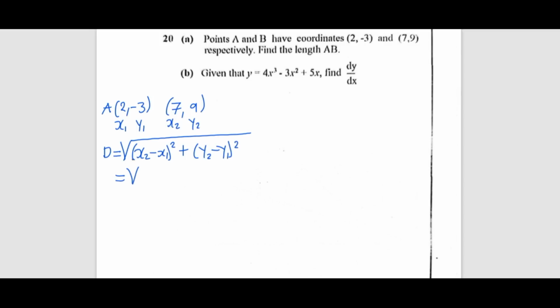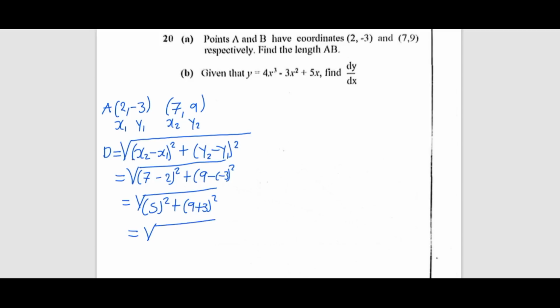So let's do the substitution. Our x part is 7 minus 2, plus our y part is 9 minus -3. Now let's simplify. So 7 minus 2, we have 5 squared, plus here it's negative times negative, so we have +3 squared.